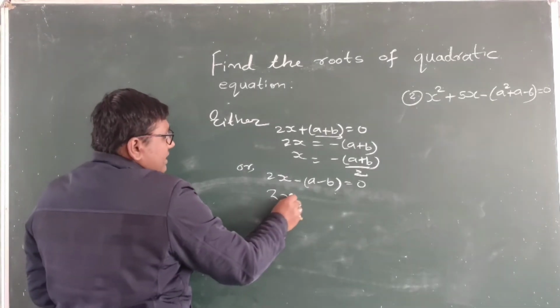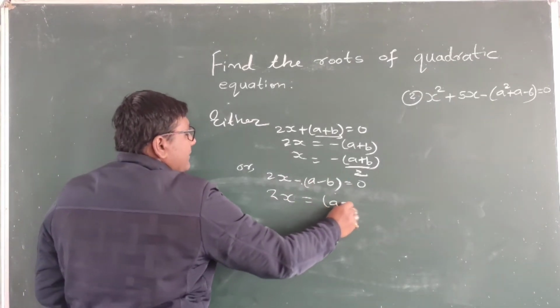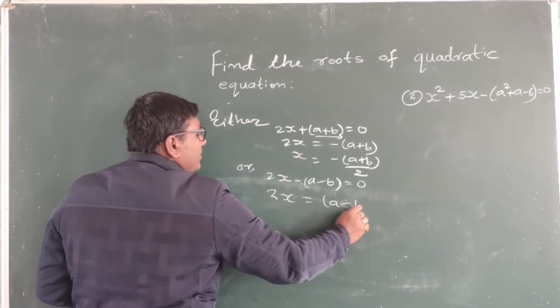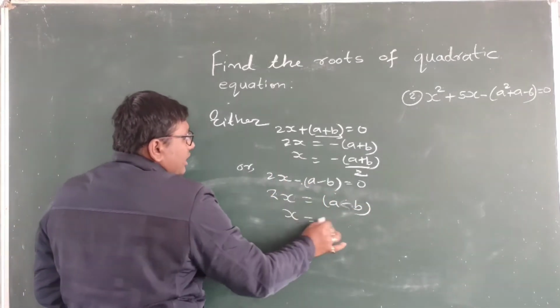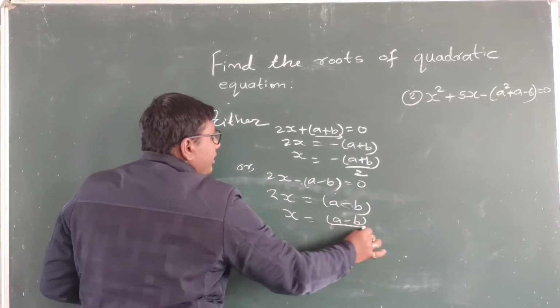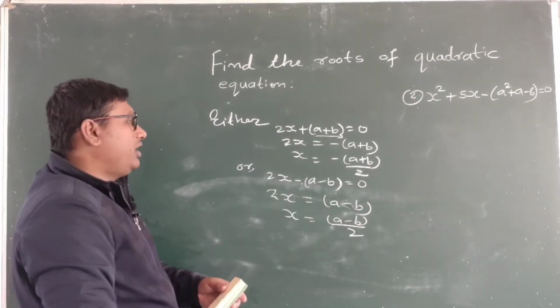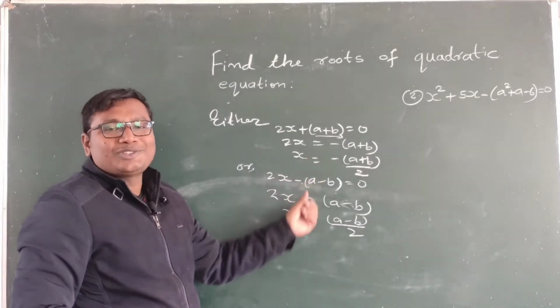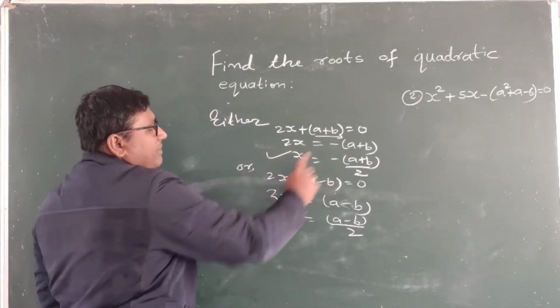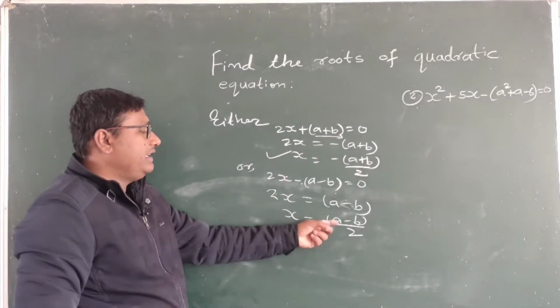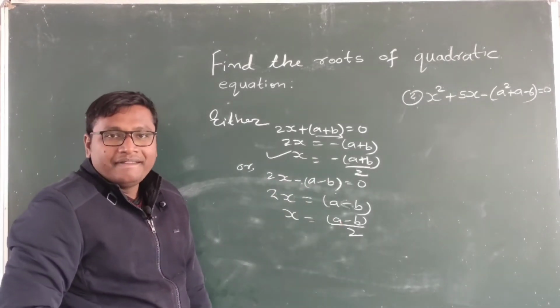So it is 2x, this minus will become plus, and this 2 is in multiplication here, so it will be in division. So we have got the two values of x, the two roots of this quadratic equation. So the value of x will be minus a plus b by 2, and here it is a minus b by 2.